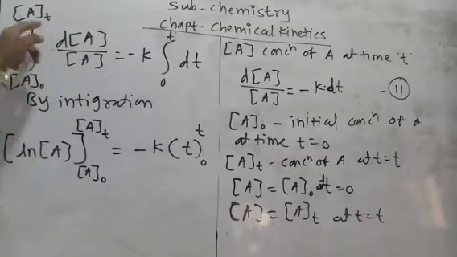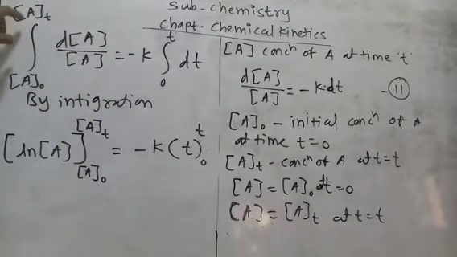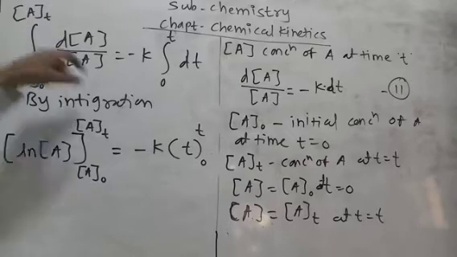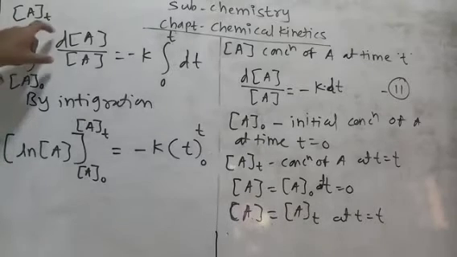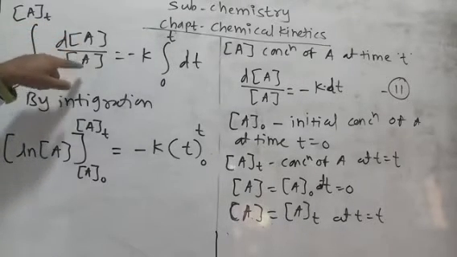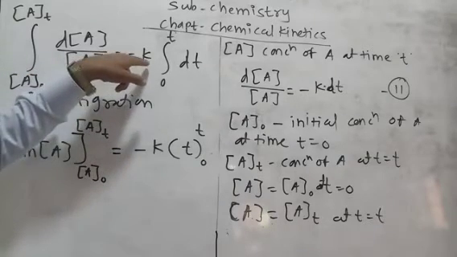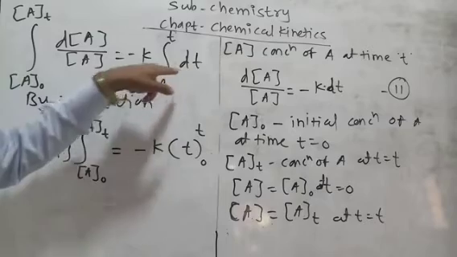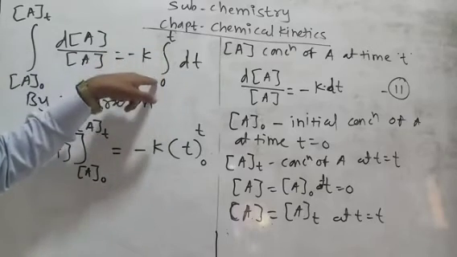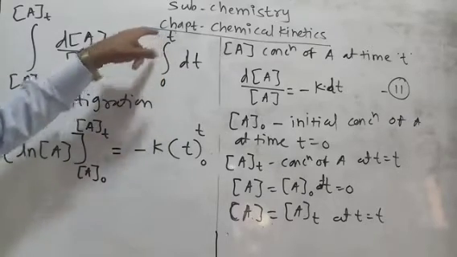We got the new differential equation. For equation number second, by integrating it between the limits At and A0, the equation becomes d[A] divided by [A] is equal to minus k into dt, between the limits 0 to t.